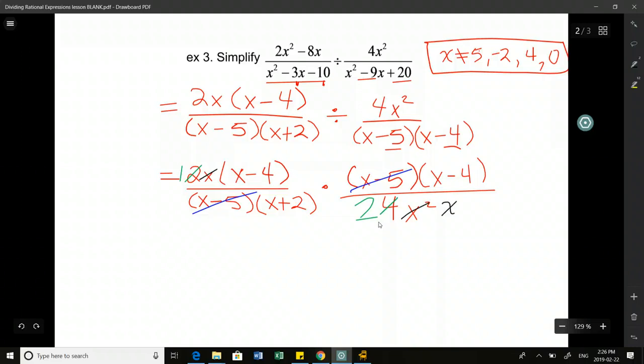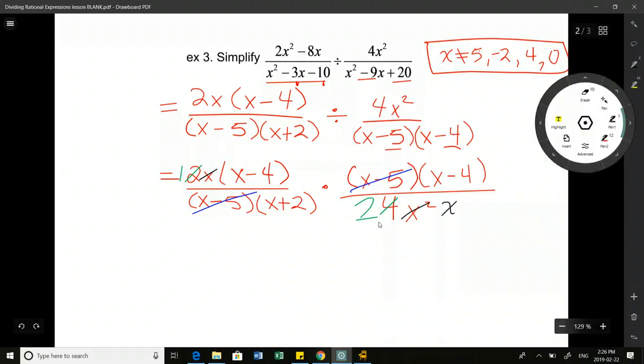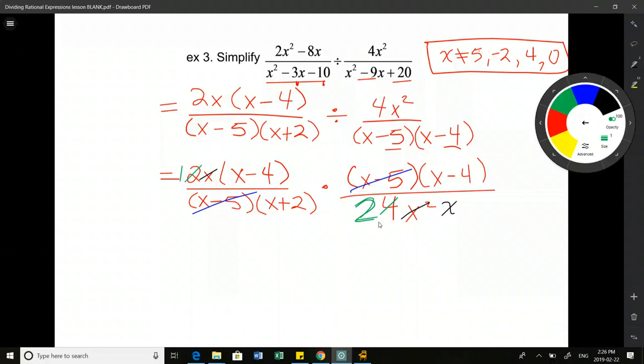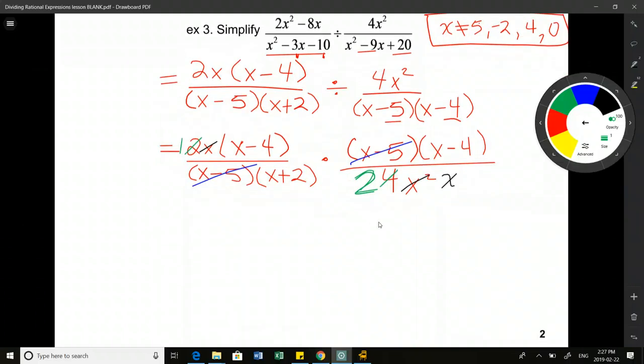So I'll be left with 1x there when I cancel out 1 from each. Wait, why would you be left with 2x from the bottom? Oh, I'm left with 2x, but I'm not left with x squared, right? So out of those 2 x's in the squared part, I'm only left with x. Okay. Anything else? Are we good?